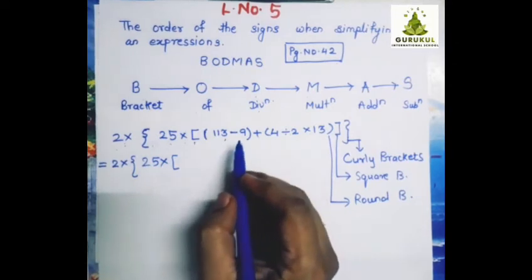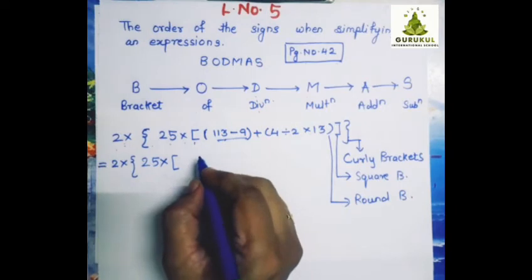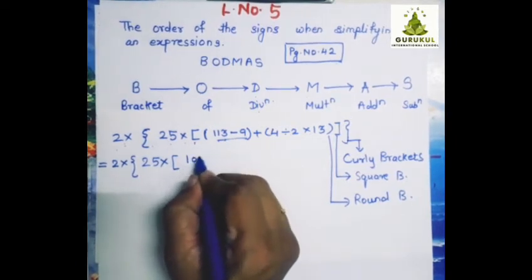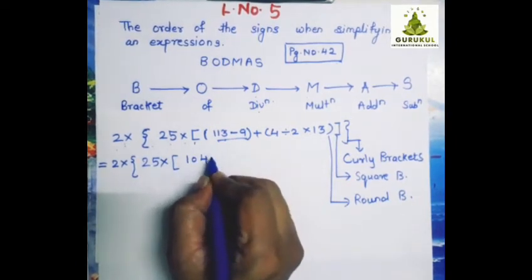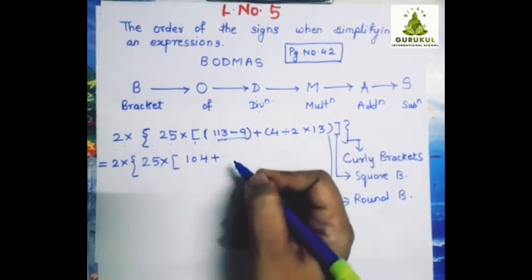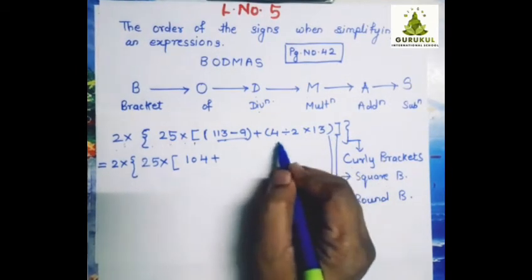So, innermost bracket we have to solve, 113 minus 9 will give you 104. Then plus symbol, you do not have to forget, plus. In the bracket again two operations are given.